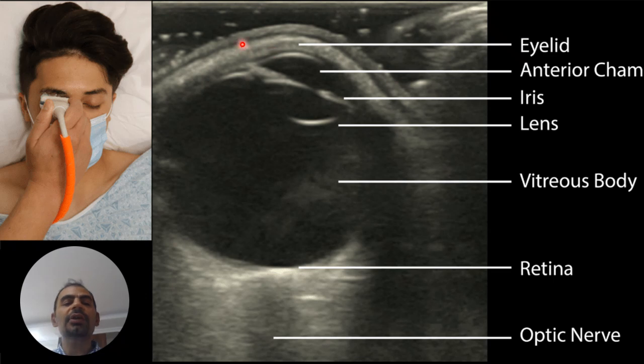As you can see here, they can give a clear image of the eyelids, cornea, anterior chamber, lens, vitreous, sclera, and the optic nerve. What's important for us in our subject is the optic nerve.